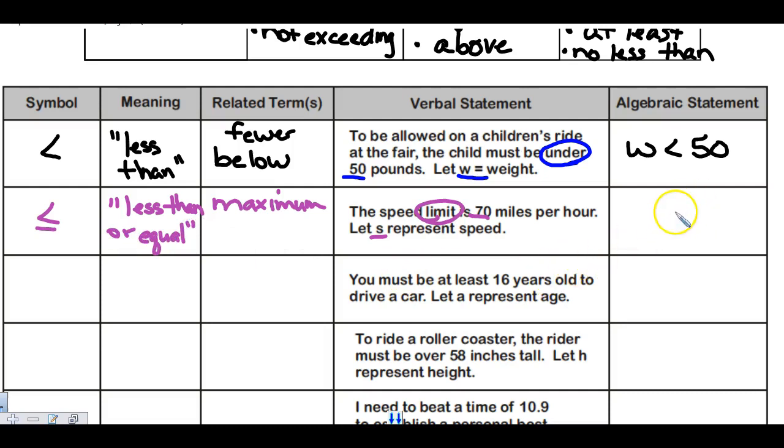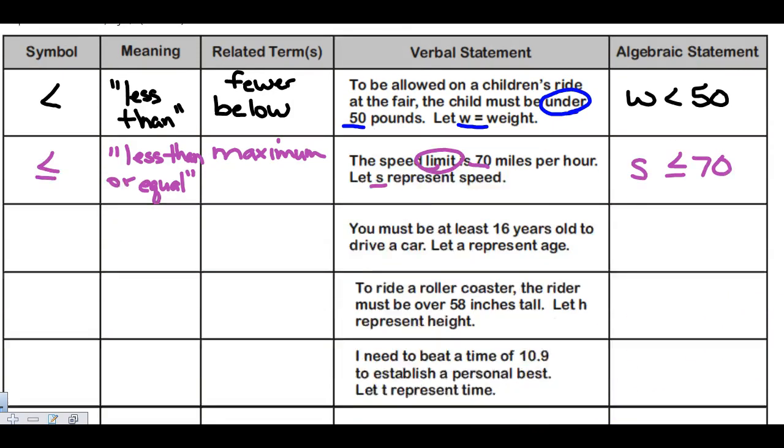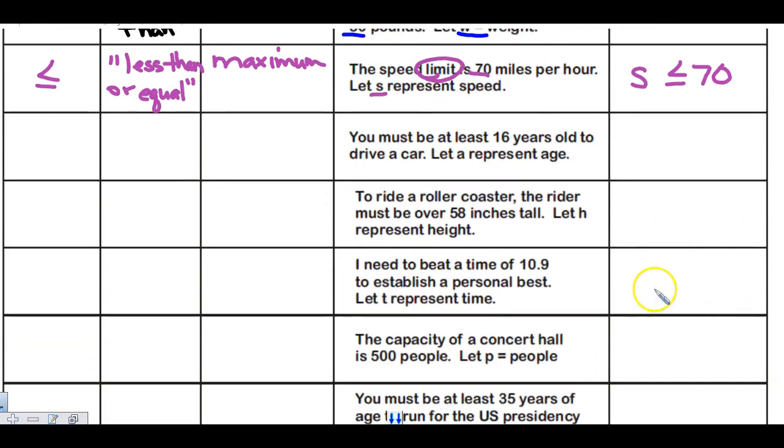So our inequality is less than or equal to. Our variable, that's S, representing our speed. So our speed needs to be less than or equal to 70. And when you get done, just to make sure it makes sense, why don't you read it? Speed less than or equal to 70. That makes sense because I know if I'm obeying the speed limit signs, then I am going either 70 or less than 70. Why don't you pause the video and try the rest of these.